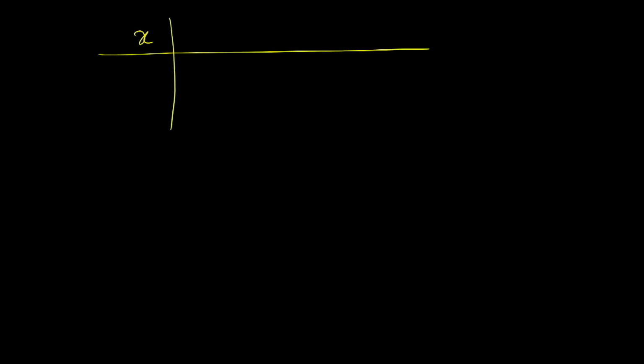When input x is 0 or 1, the output could be both zeros. We are choosing 0 for both f of 0 and f of 1, or we could choose 0 for f of 0 and 1 for f of 1, or we could choose 1 for f of 0 and 0 for f of 1, or we could choose 1 for both. So, these are the 4 possible choices for f of 0 and f of 1. Each choice will define one Boolean function. So, we have 4 one variable Boolean functions.